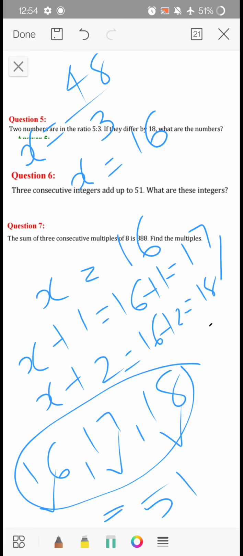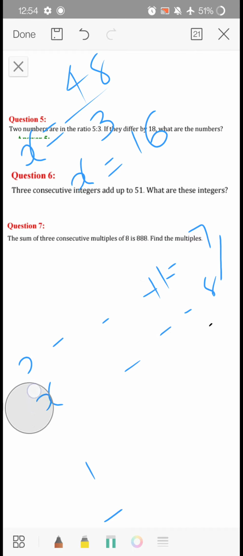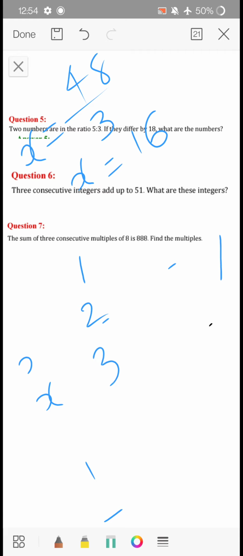Understood, dear students? Again I am recalling about consecutive integers. Consecutive means one after another.